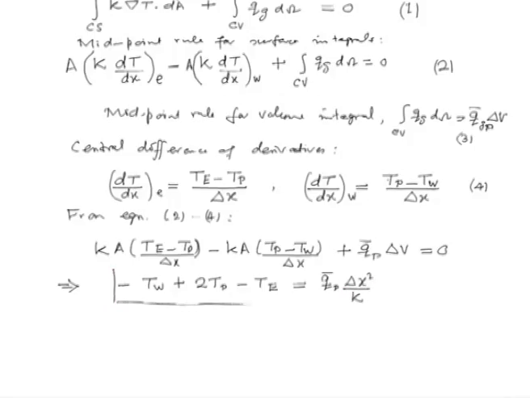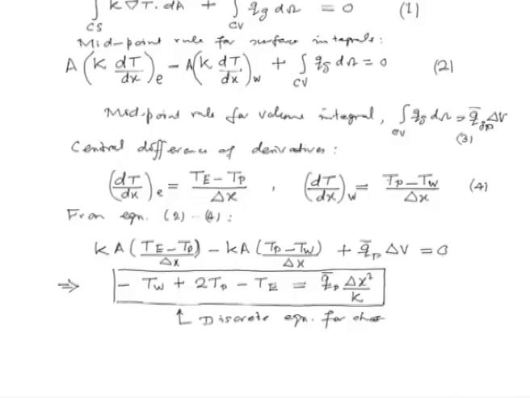So, this is the discrete equation for our chosen interior control volume. Let us call this final equation our equation 5.